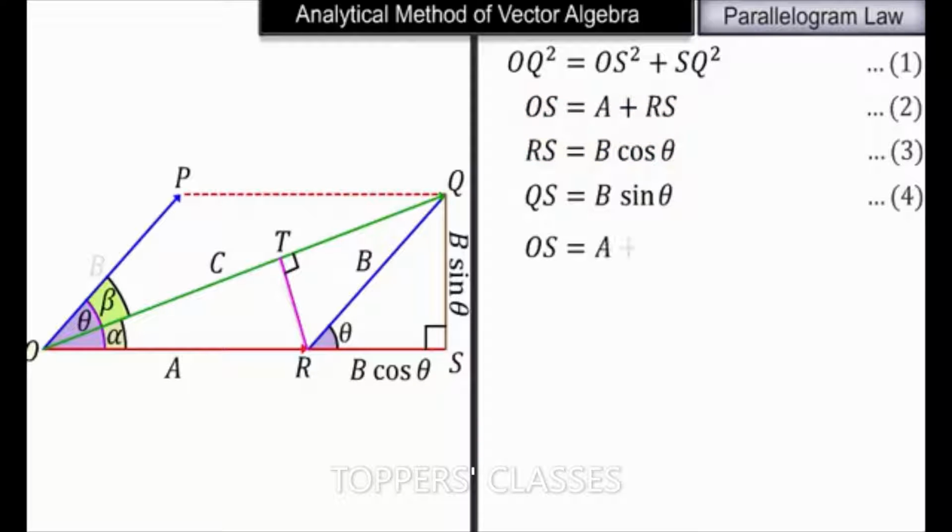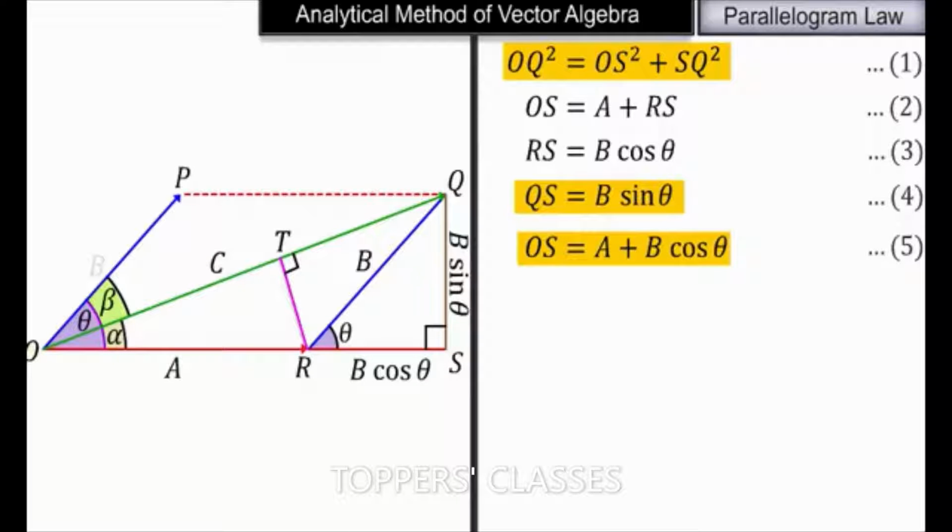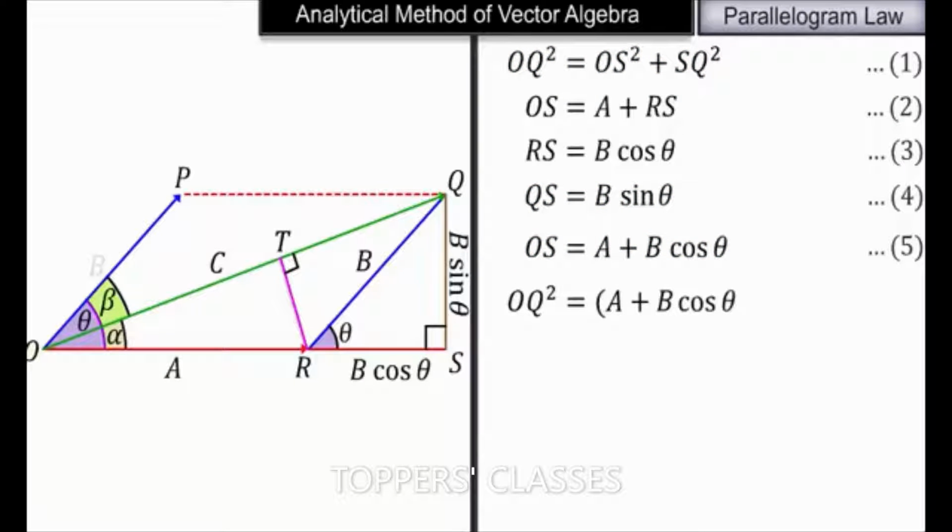We get OQ square is equal to A plus B cos theta the whole square plus B sin theta the whole square, which is equal to A square plus B cos theta the whole square plus 2AB cos theta plus B sin theta the whole square, which is equal to A square plus B square into sin square theta plus cos square theta plus 2AB cos theta.